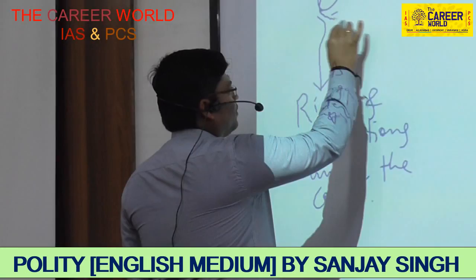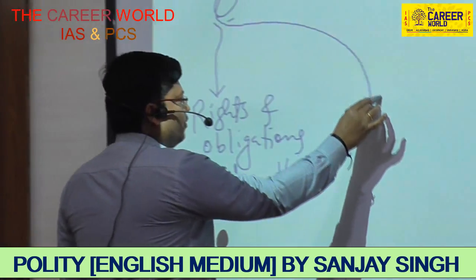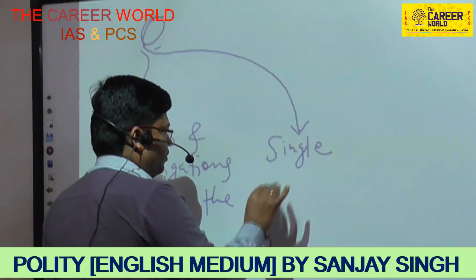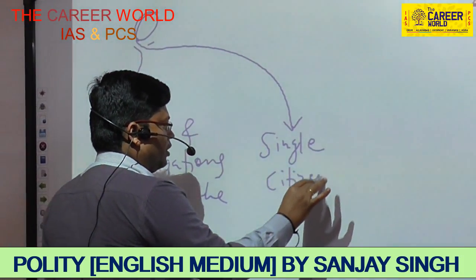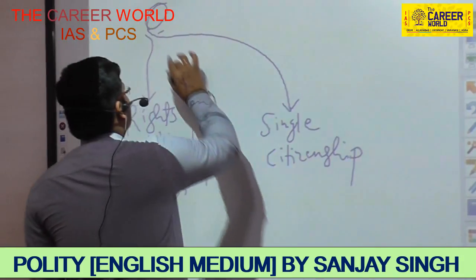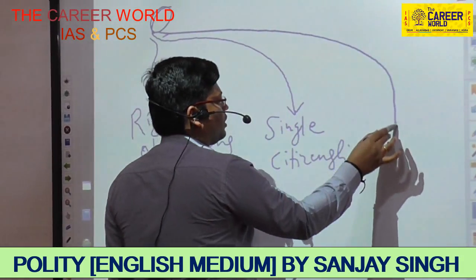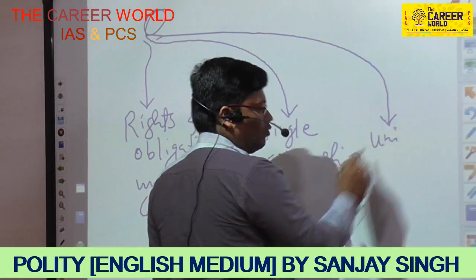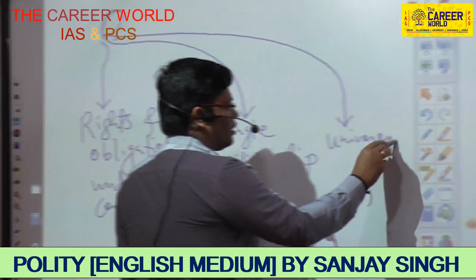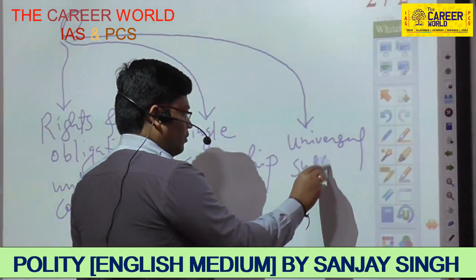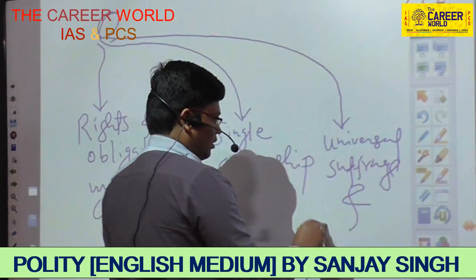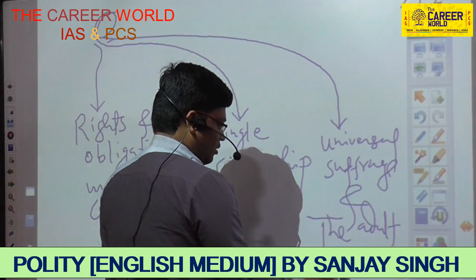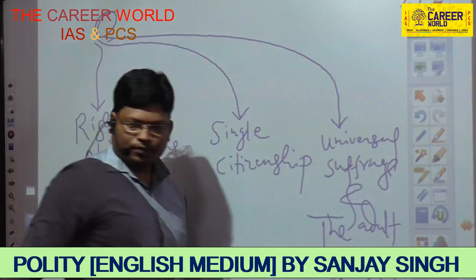Another salient feature in the row is also the provision of what? Single citizenship. The other one is universal suffrage, meaning the provision of universal suffrage in our Constitution.